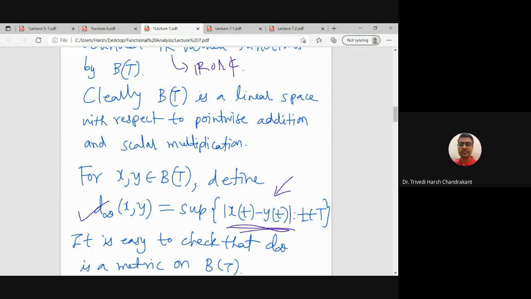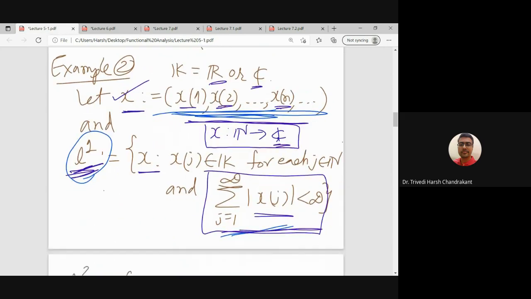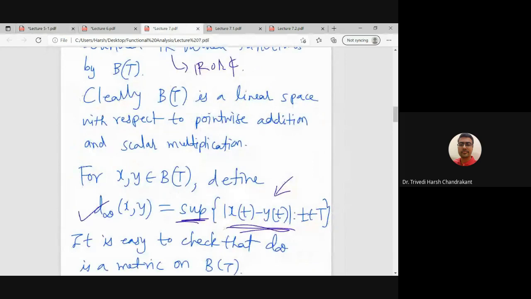And the last property we can check is the triangular inequality. If you remember, we discussed this example earlier, where we discussed that d infinity is the distance over K^n. This is the same example, but here instead of maximum, we are taking supremum.